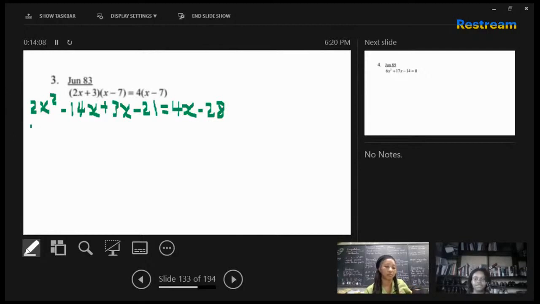Okay, miss. So now we are going to simplify the equation more. So 2x squared, minus 14x plus 3x is negative 11x. So minus 11x.